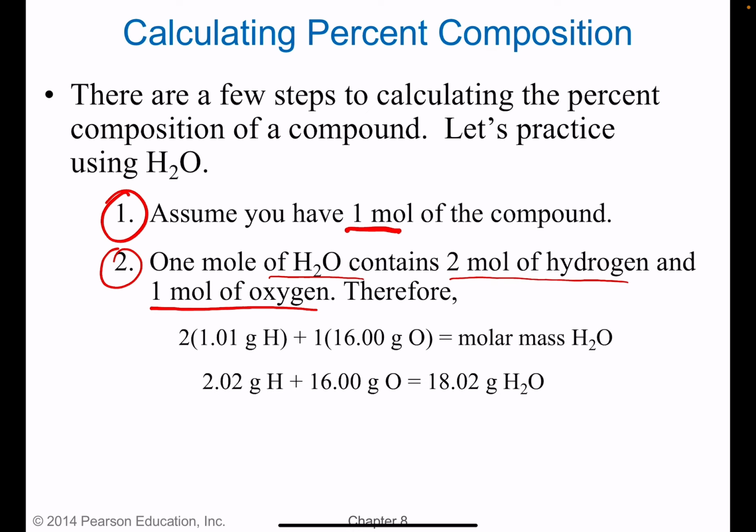For every water molecule, you have 2 hydrogen atoms and 1 oxygen atom. So then what we're doing here is just calculating the molar mass of water. So we have 2 hydrogens and 1 oxygen. We get about 18 grams per mole.